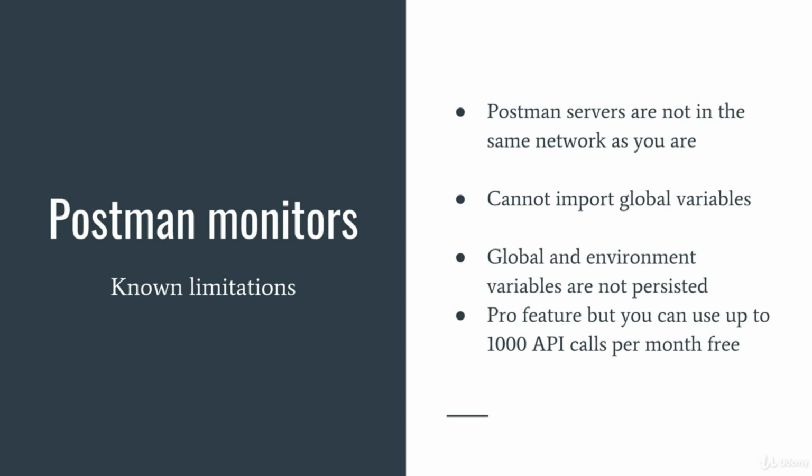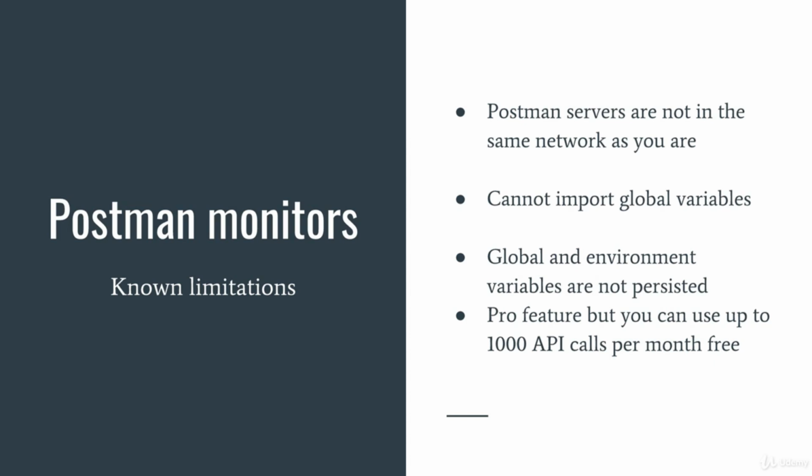Now, it's important to understand that the Postman servers are not in the same network as you are, and they may not have permission to access any pre-production servers, any testing servers that you have, and additionally localhost will not be available to them.